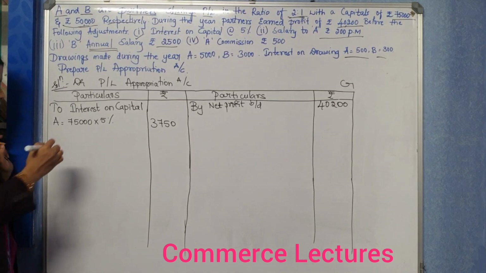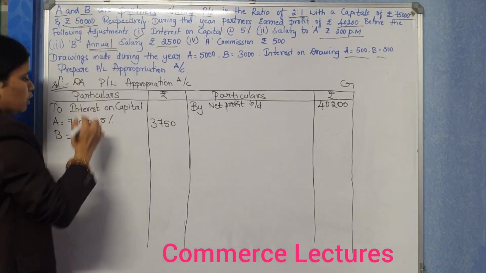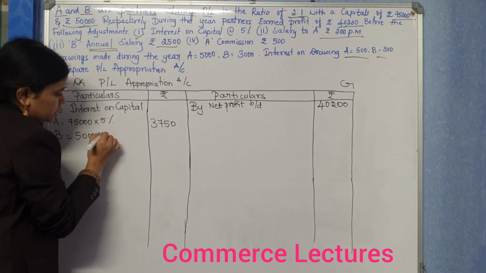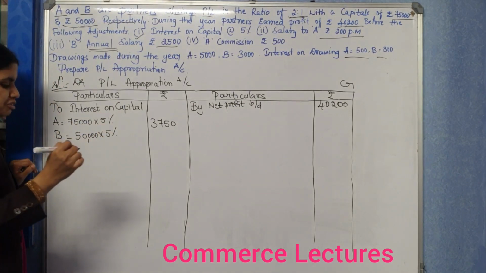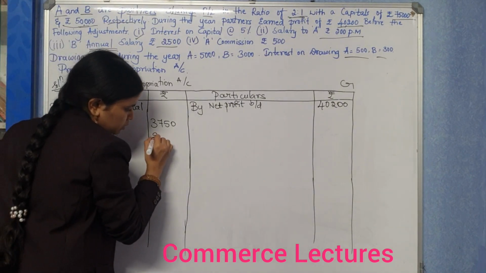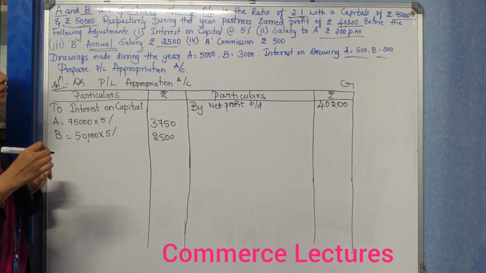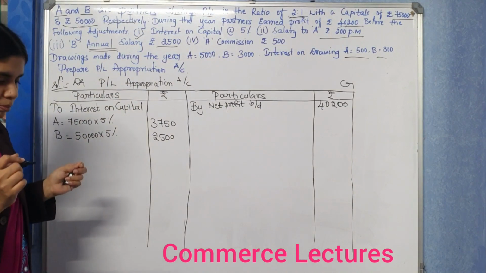Okay, next B. What is B's amount? 50,000 is the capital. 50,000 into 5%. What will be the amount if you calculate this? 2,500.